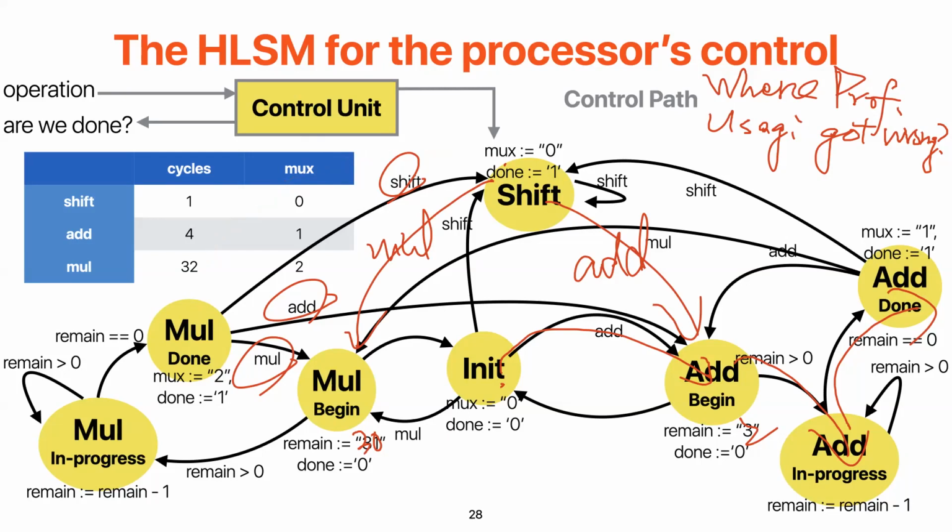So if you start, it doesn't make sense to go back to init, because if you go back to init, you are delaying for another cycle, right? You can definitely do that, but it will give you an additional cycle. Okay. What else?